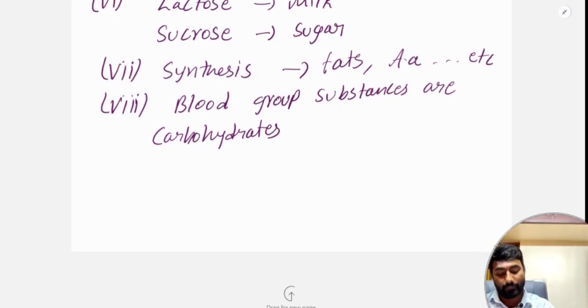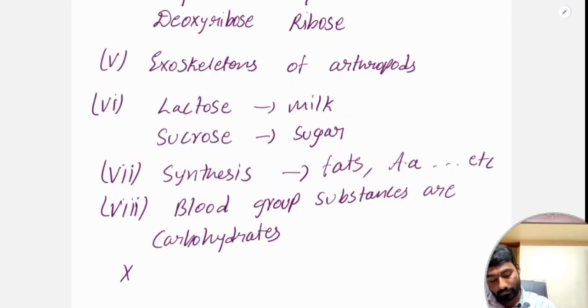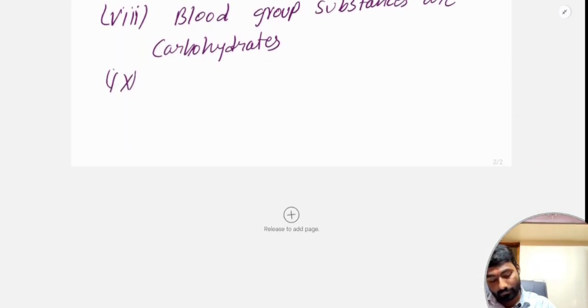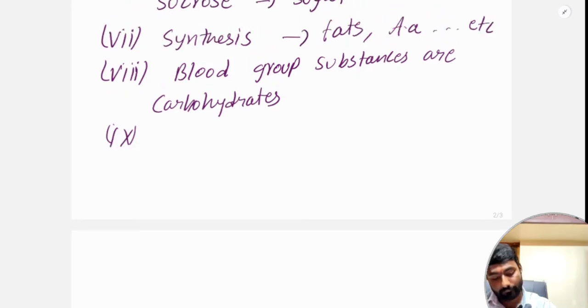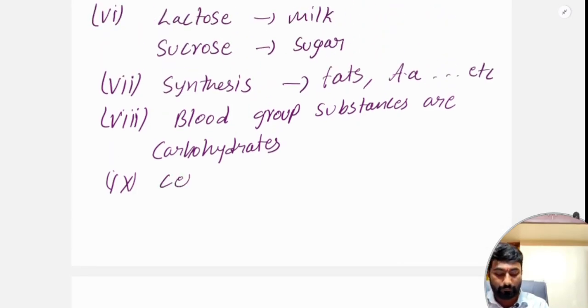Okay, and carbohydrates are forming the cell walls of plants.